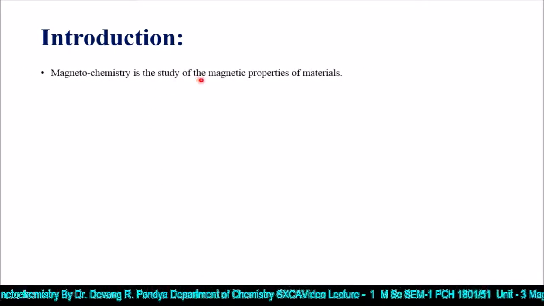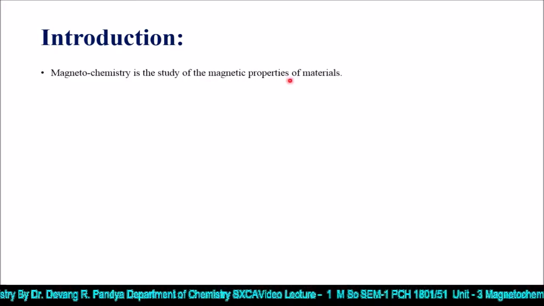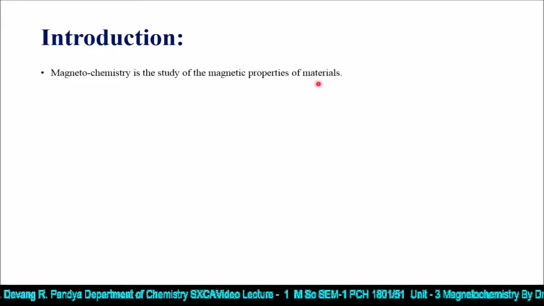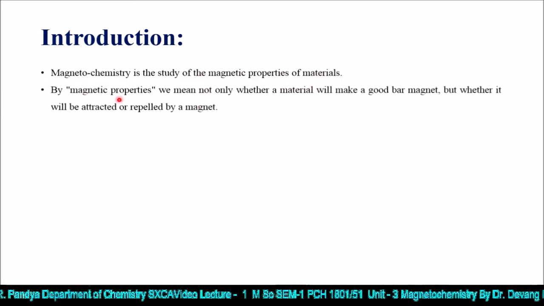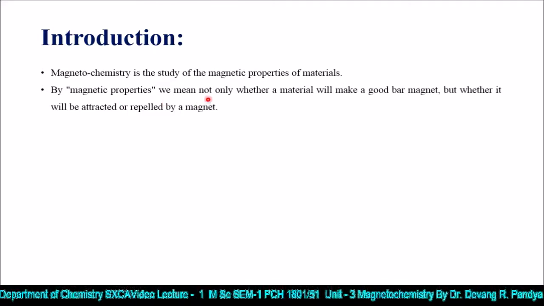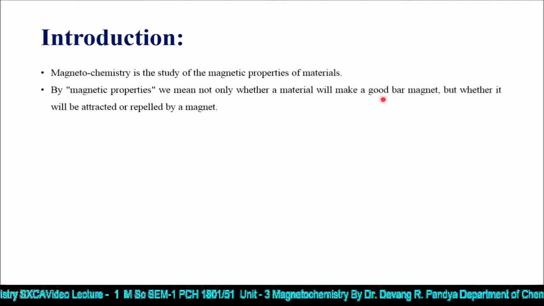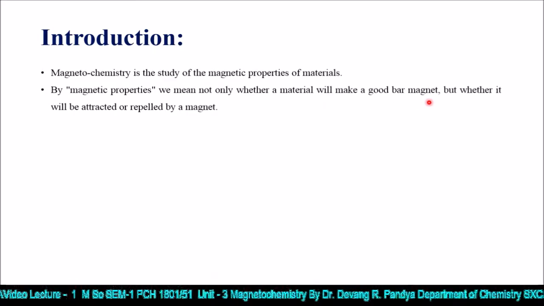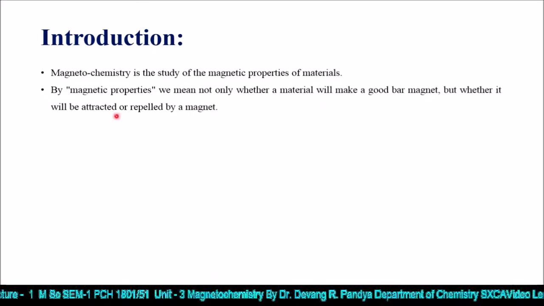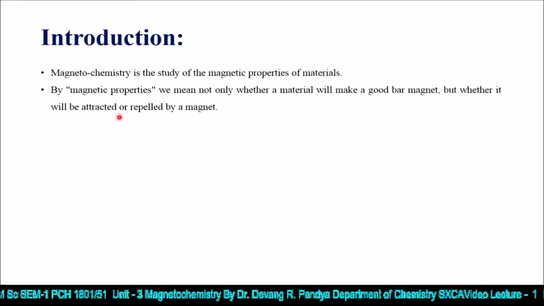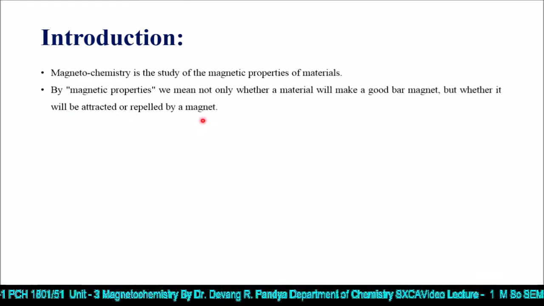Magnetochemistry is the study of magnetic properties of materials. By magnetic properties, we mean not only whether a material will make a good bar magnet, but whether it will be attracted or repelled by a magnet.